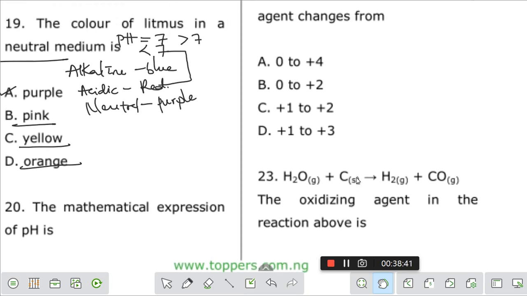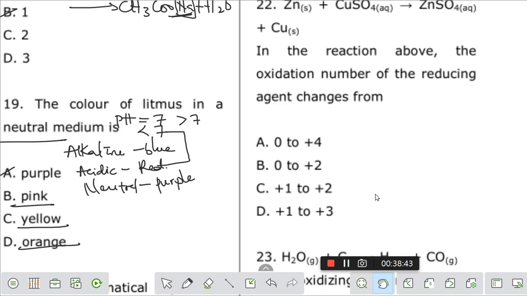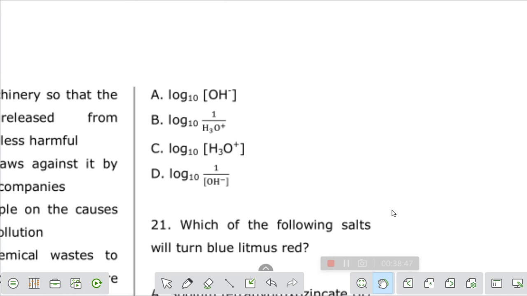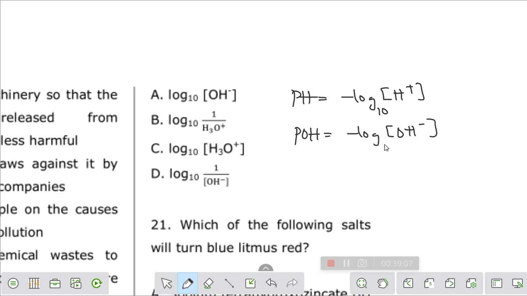Now, what's the mathematical expression of pH? You need to know that pH is different from pOH. pH is the negative logarithm of H plus to base 10. That's what I taught you, right? I also taught you that pOH is minus log of OH minus to base 10.